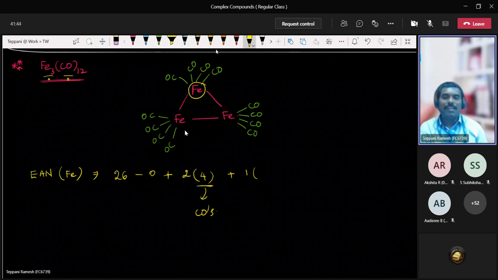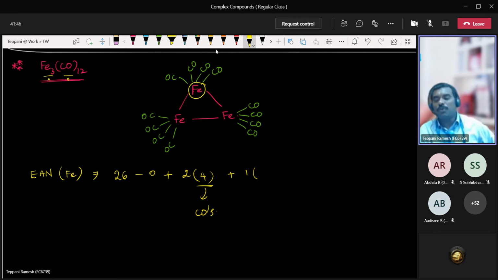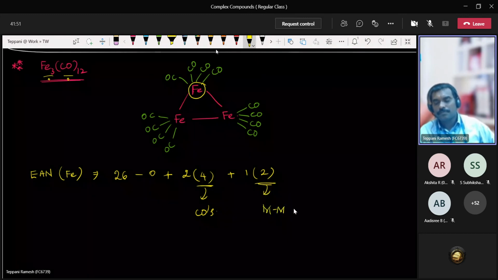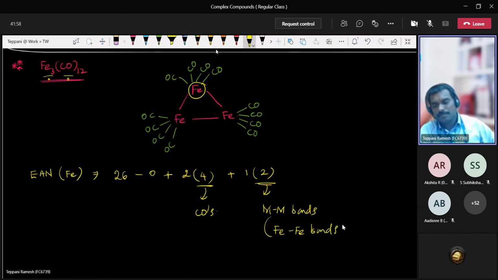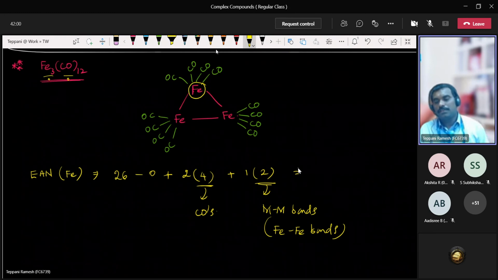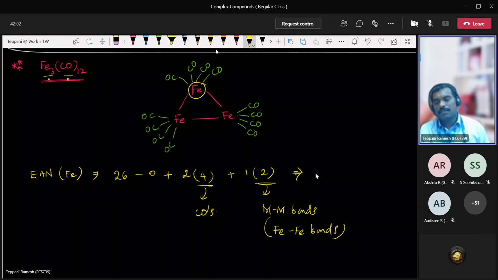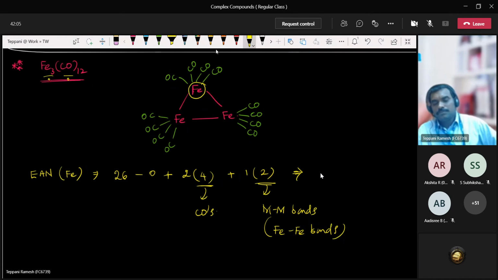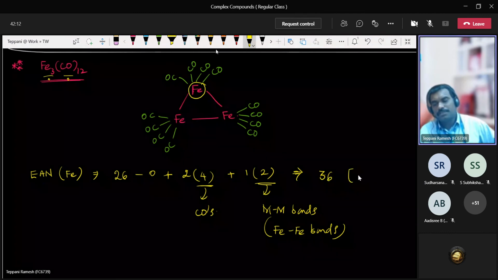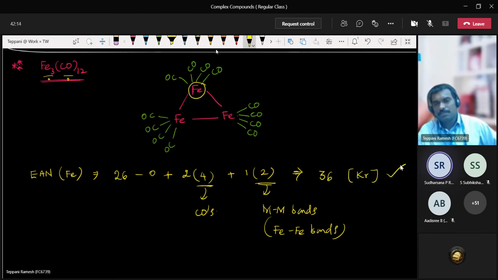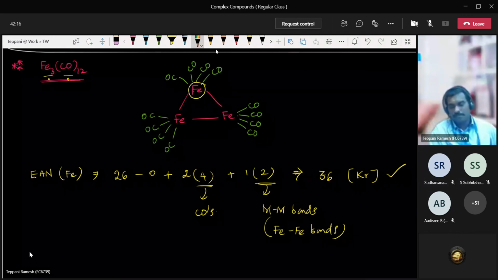Overall 3 metal bonds are there, but for each iron atom 2 metal bonds. Total 16, 30, 36, which means Krypton.